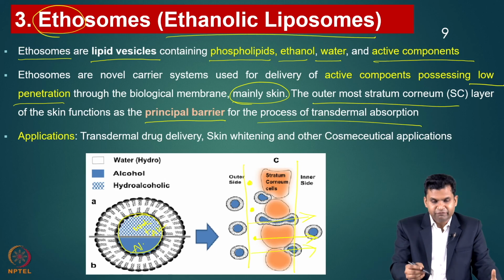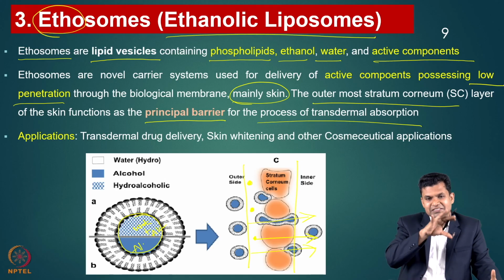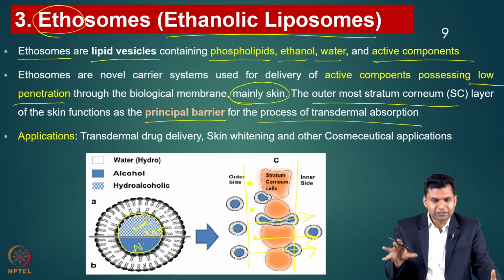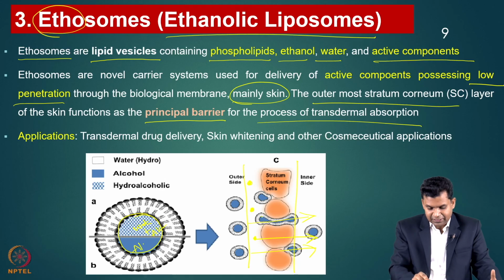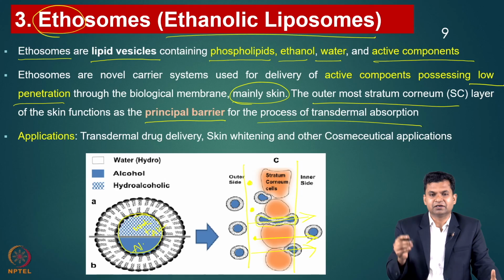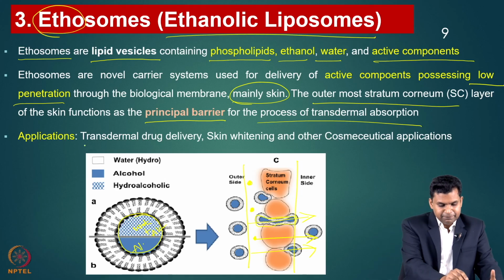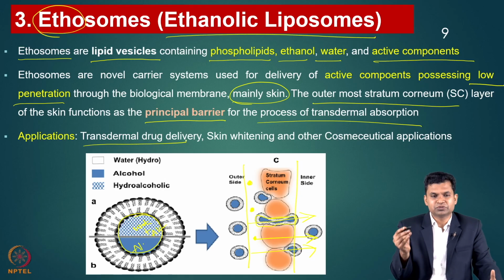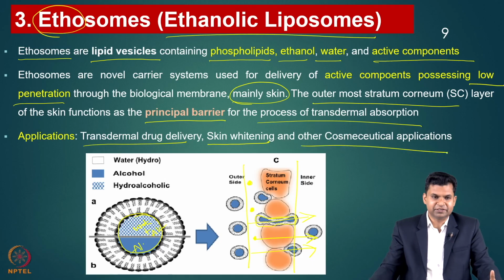But when you use ethanol, the ethanol will disturb the stratum corneum lipid layer, which will help for the easy permeability of the vesicles. These are the applications. Ethosomes can be used in transdermal drug delivery. Also, we can use them for skin whitening and other cosmeceutical applications.